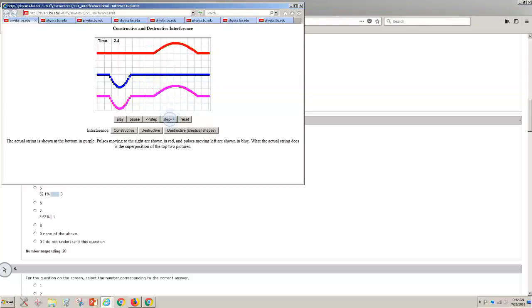And there's a very special case when pulses have exactly the same magnitude, exactly the same shape, but opposite to each other. What's going to happen in this situation? In that case, for a fraction of a second, the wave just disappears. They completely cancel each other.